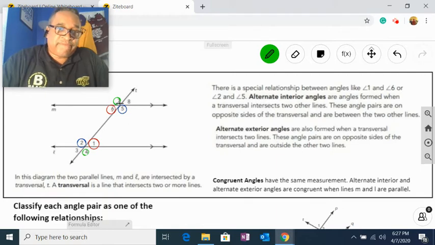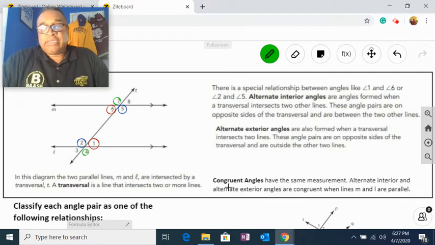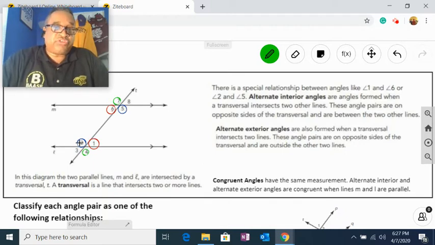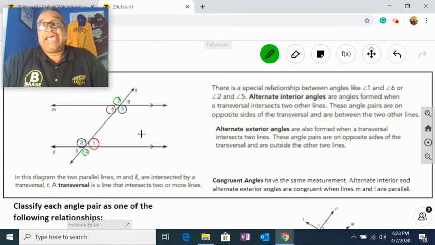We've already talked about vertical angles, which are right across from each other when two lines intersect. Congruent angles means angles that have the same measurement. So alternate interior angles 5 and 2 have the same measurement. 1 and 6 have the same measurement. 7 and 4 have the same measurement. And 3 and 8 have the same measurement, okay? Pretty straightforward stuff there.